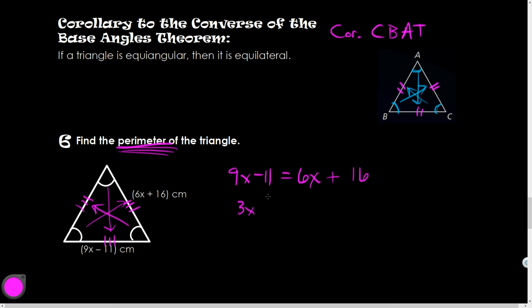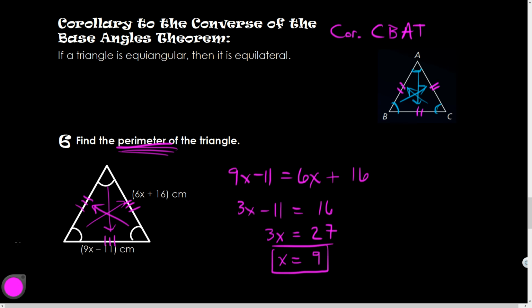That's 3x minus 11 equals 16. What do I do, friends? Let's add 11. That's 27. And divide by 3.